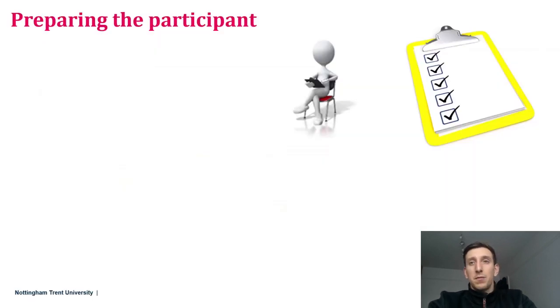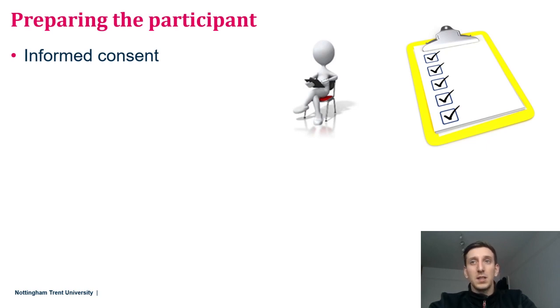Right, okay, so the first thing that we did, and what we always need to do before we conduct any kind of testing, is to gain informed consent from our participant. And this is just to say that we've adequately explained exactly what they'll be doing during the test. They understand the procedure they're going to be going through and the potential risks involved, but they're still happy to take part.